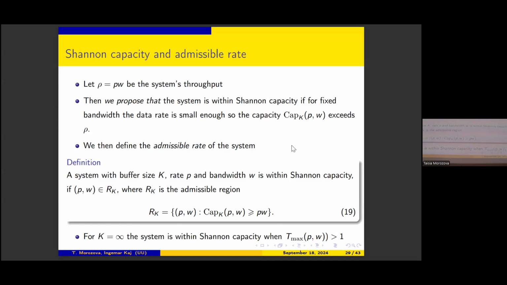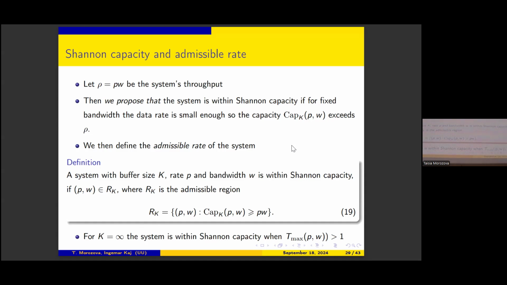In our work, we call it bandwidth, but based on some discussions, I think maybe this is not the right thing to call the bandwidth, although there are some different interpretations of this. But what we wanted to see is when do we have the capacity which actually covers this incoming traffic. So we assume a new performance metric, this admissible range.